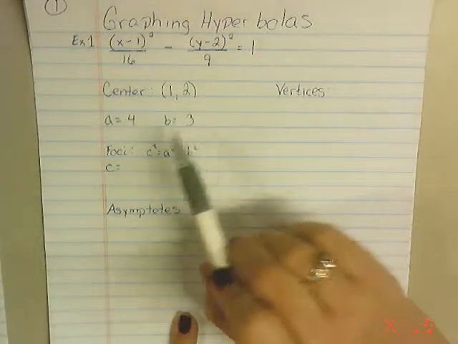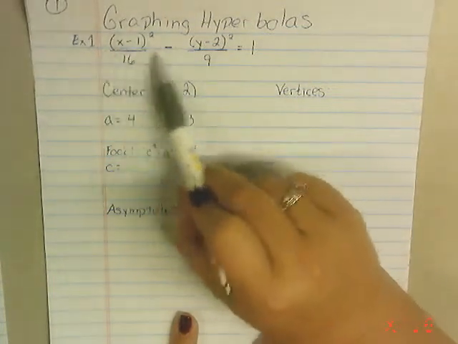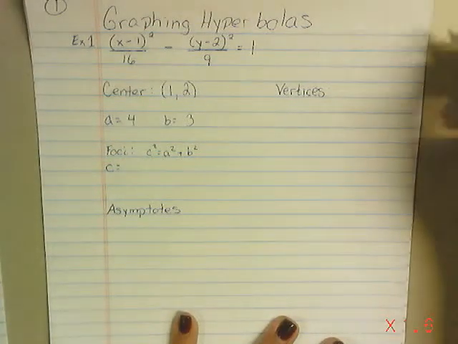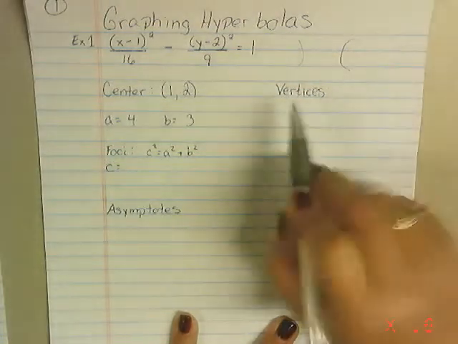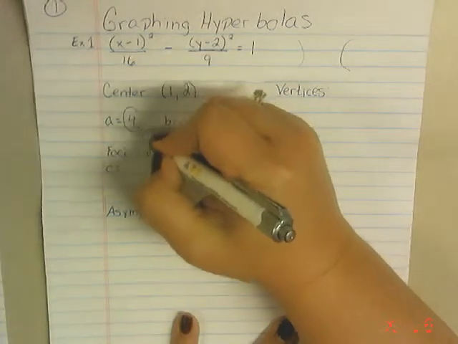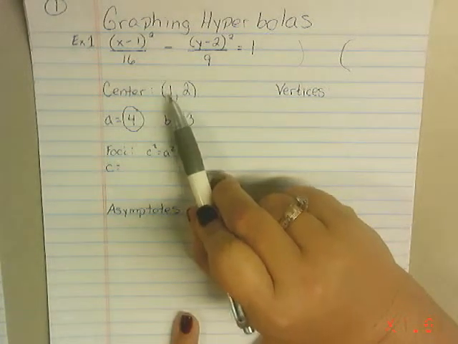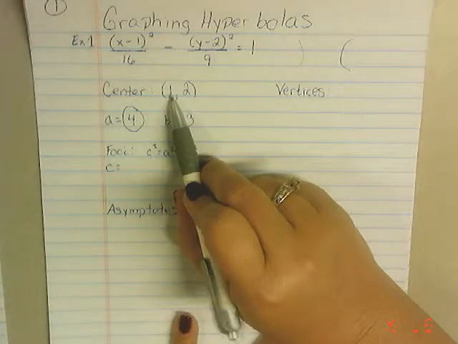Another thing to keep in mind before we go too much further: the x is first here. So that means this is going to be an x hyperbola, which means it's going to go side to side. So when we go to find our vertices, we're going to move this many steps in the x direction. That means we're going to move 4 spaces away from 1.